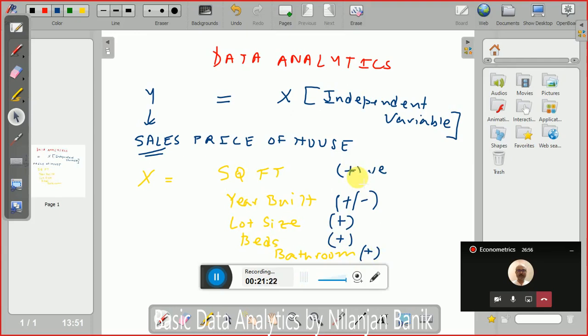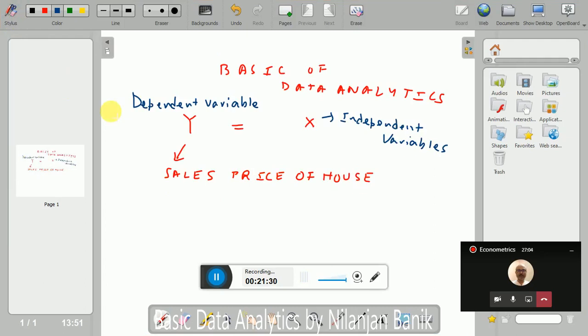Okay, so in the previous class, is this thing fine? In the previous class, what we were actually doing was trying to look into this dependent variable, which is the sales price of the house, which I just explained, in terms of various independent variables.